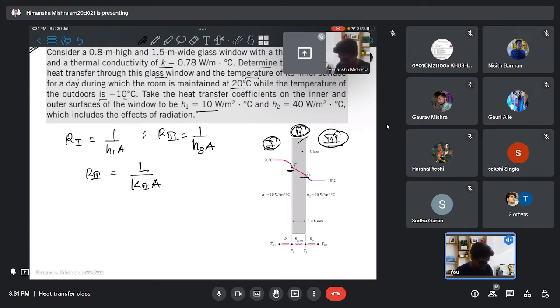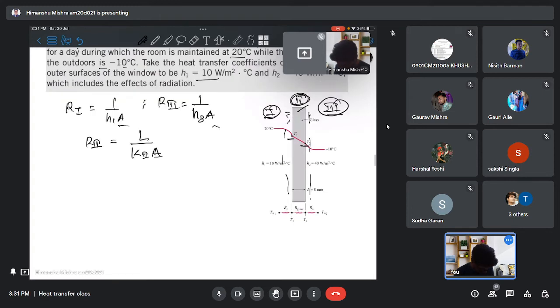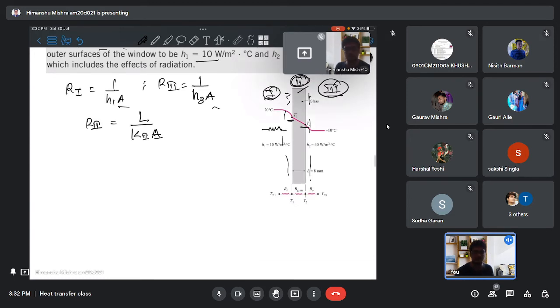So A is my cross section area, which will be the same for all cases. Since these resistances are in a series arrangement, I can simply add all these resistances to find the total resistance of the problem.